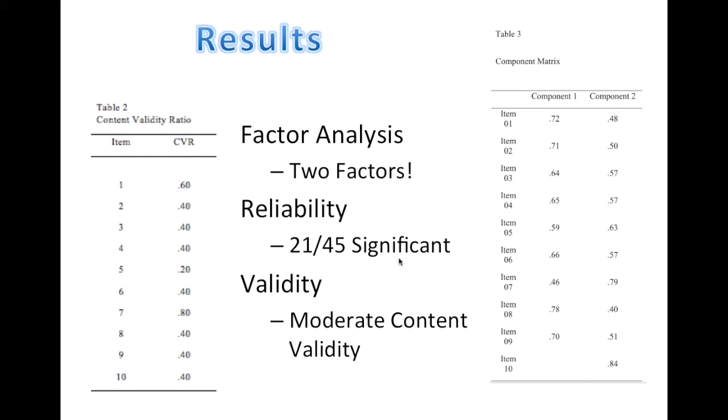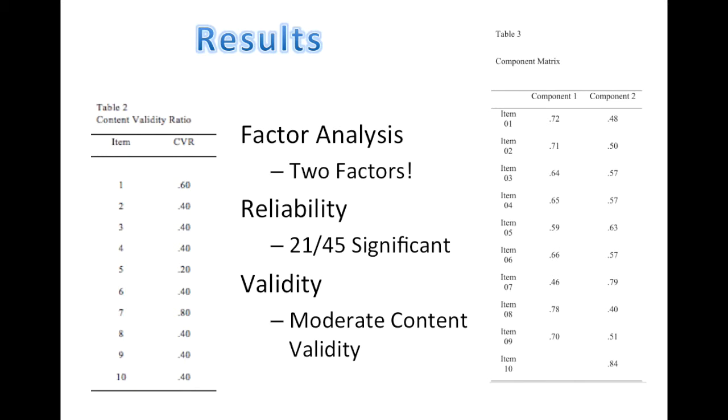With the reliability, we ran a Pearson bivariate, and it showed that 21 of the 45 coefficients analyzed in this study did show significance. We also had a Cronbach's alpha value of 0.76, which shows that our results were acceptable.